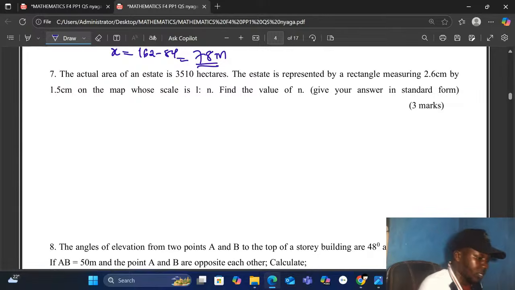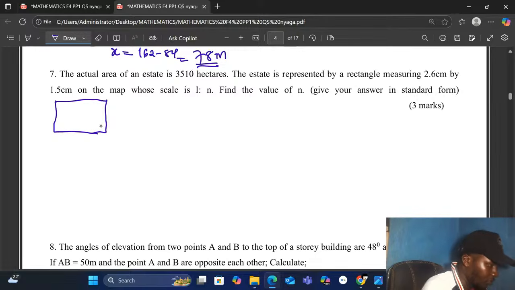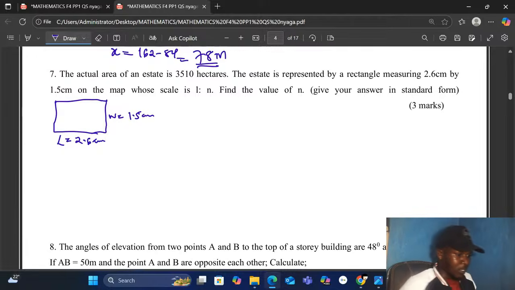So they're saying that the actual area of an estate. So the estate, they are saying it is in the shape of a rectangle. So we sketch a rectangle so that the length is equal to 2.6 centimeters and the width is equal to 1.5 centimeters.